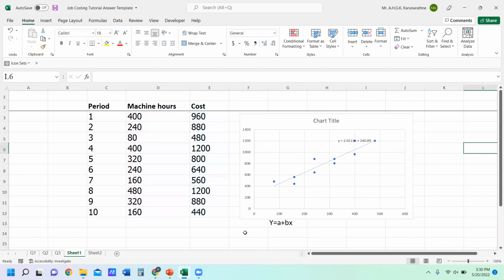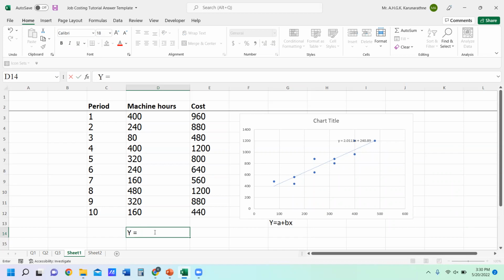You can see the formula is y equals 2x plus 240. So this is the formula given by Excel.